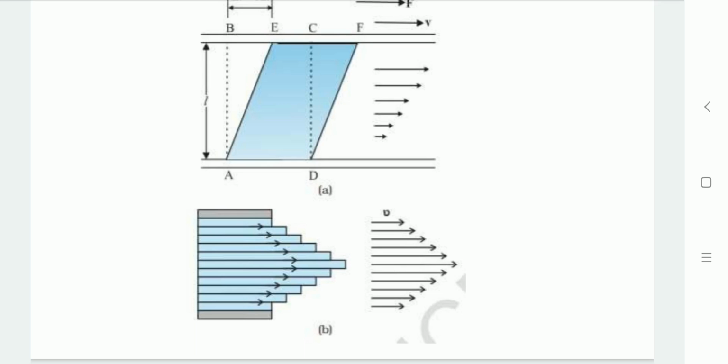So during this time interval delta T, the liquid undergoes a shear strain, and shear strain is delta X by L. This strain in a flowing fluid increases continuously.